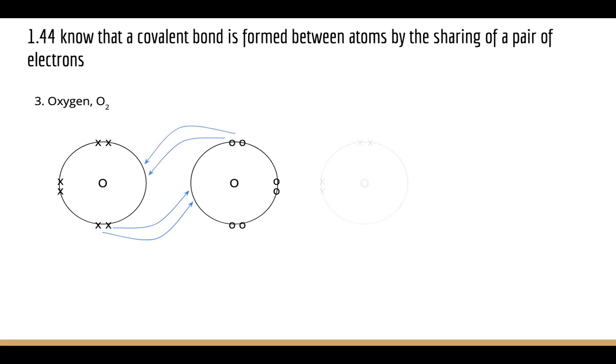So if we draw it together, here's my left-hand oxygen and the right-hand oxygen. So this oxygen here started off with 1, 2, 3, 4, 5, 6 electrons. It's now gained this electron here and this electron here, these 2.